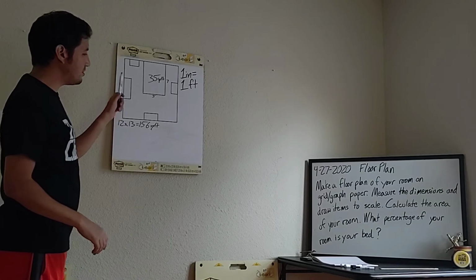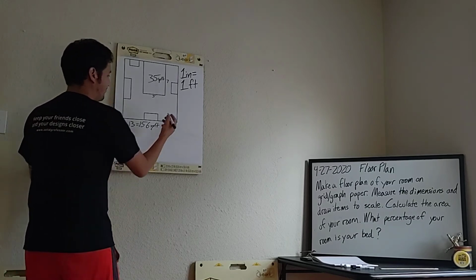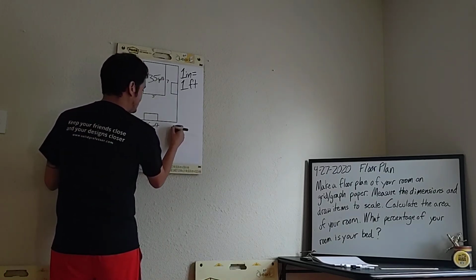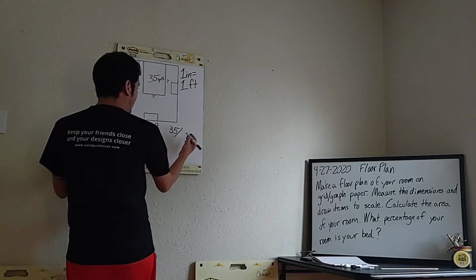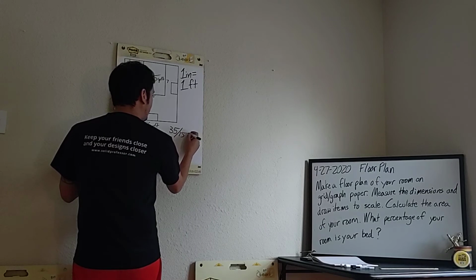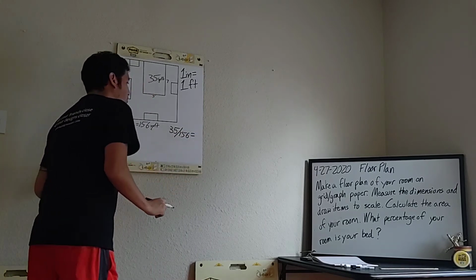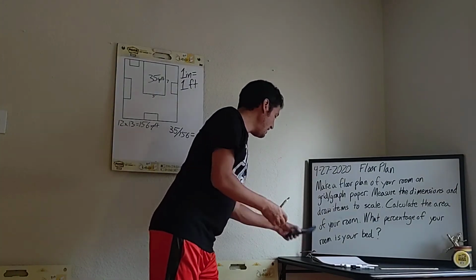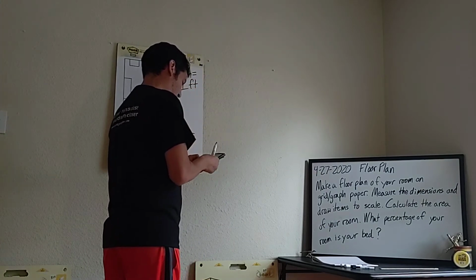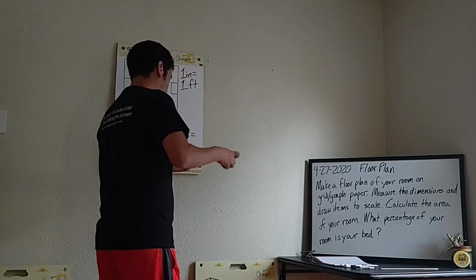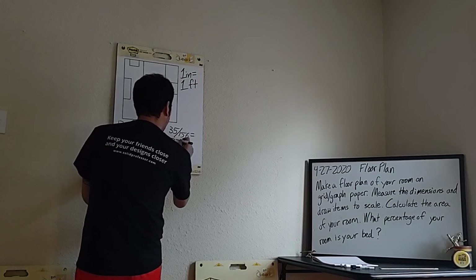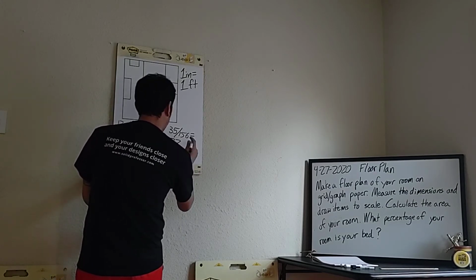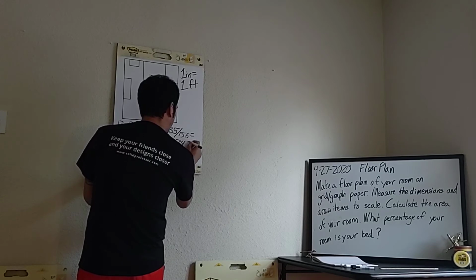Now, in order to figure out that percentage, what we need to do is divide the area of our bed by the total area in our room. Now, when I do that, what I get is 0.2243.